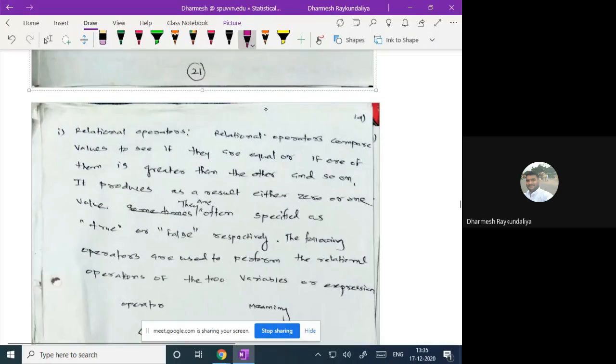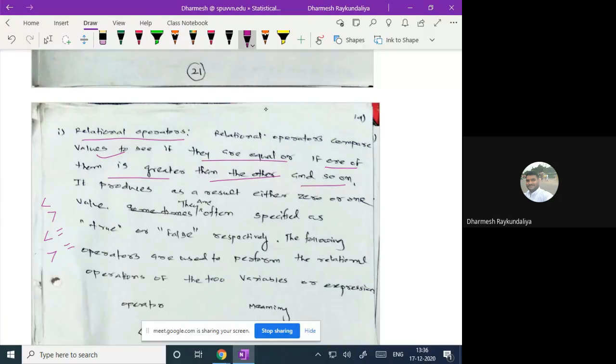First, we talk about the relational operators. Relational operators compare values to see if they are equal or if one of them is greater than the other, and so on. When two variables are given, they check whether one variable's value is less than the second, greater than the second, less than or equal to, or greater than or equal to.